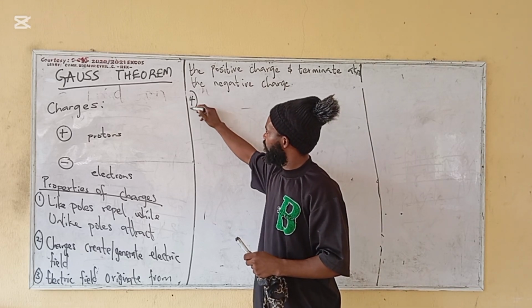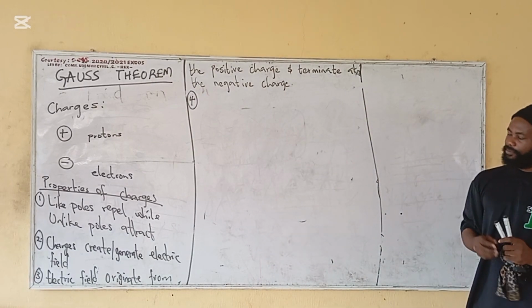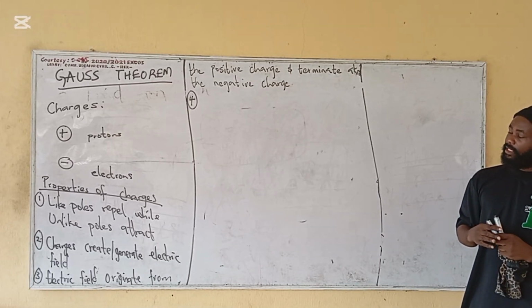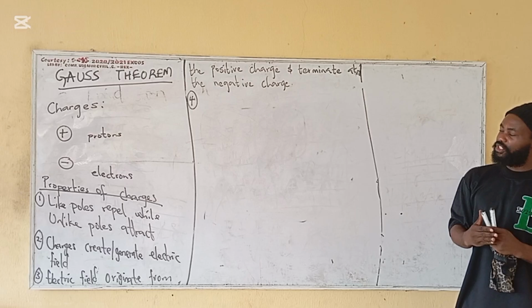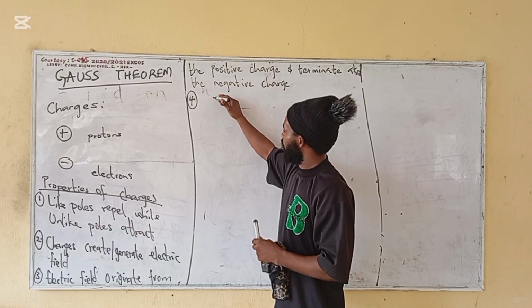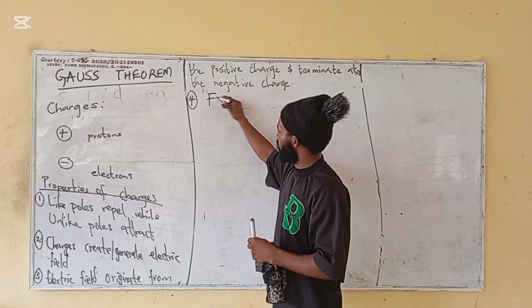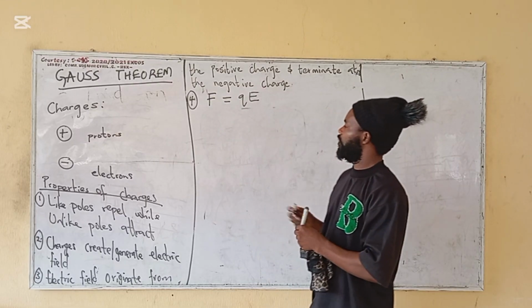Now, number four, and the last one, is that the force on an electric field is given by a mathematical expression, which is F equals QE.